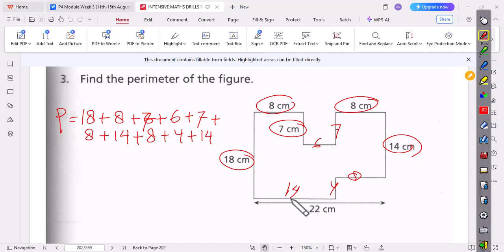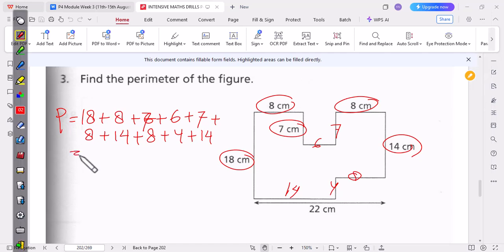Okay, so after we got all the lengths, we can find the answer.